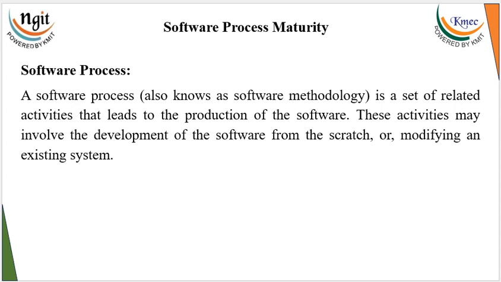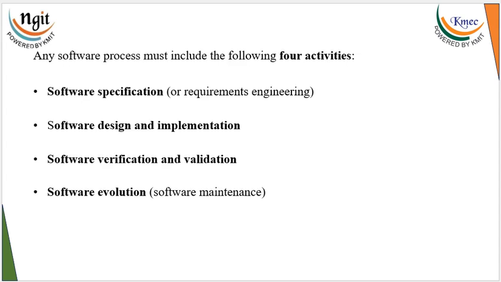This software process includes four activities. First, software specification, also called requirements gathering or requirements engineering. In this, the customer defines the main functionalities of the software and the constraints that are to be considered when the software is designed. The second activity is software design and implementation.